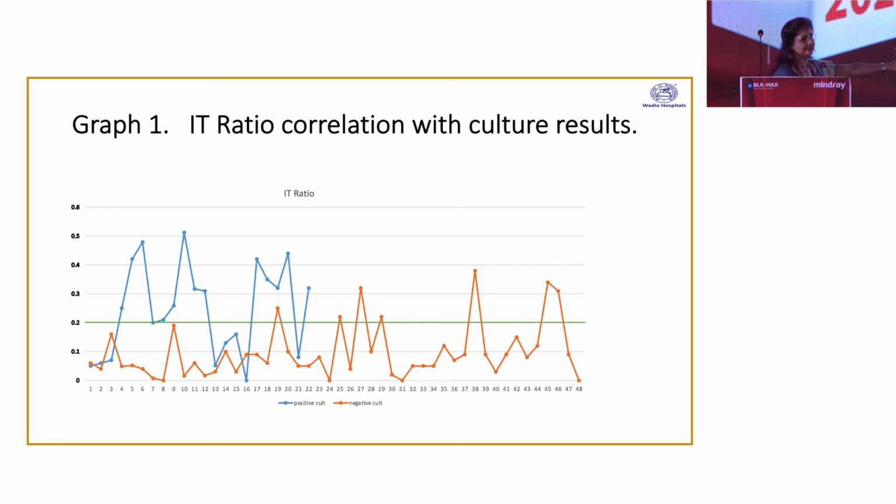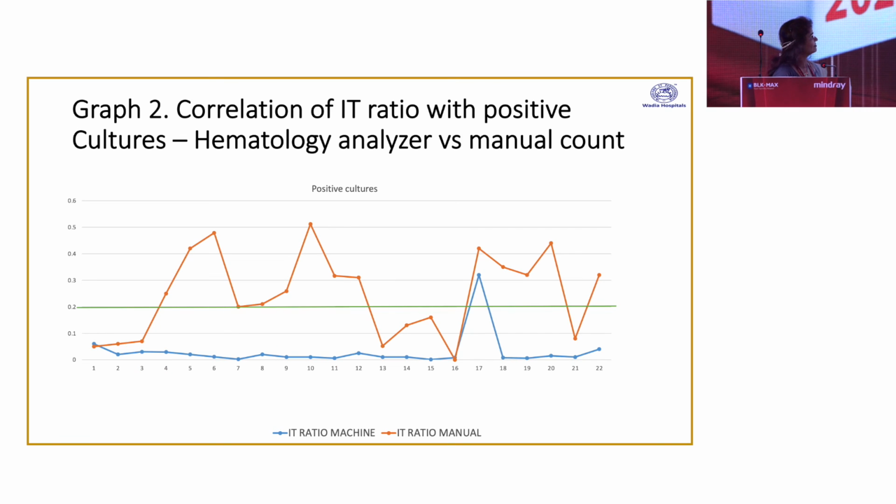This is by the manual method. Then this is the machine method. Because machine bands are not counted in immature granulocyte percent, the value is very low. It is below 0.2, while for the manual method, most of the cases show values above 0.2.